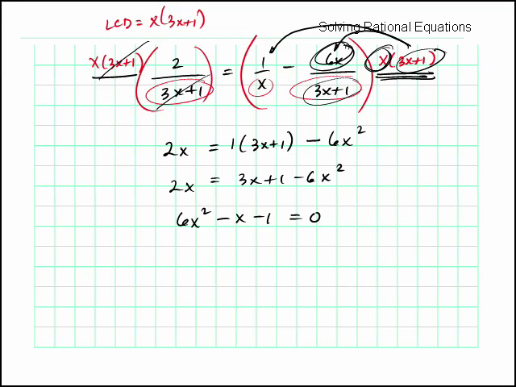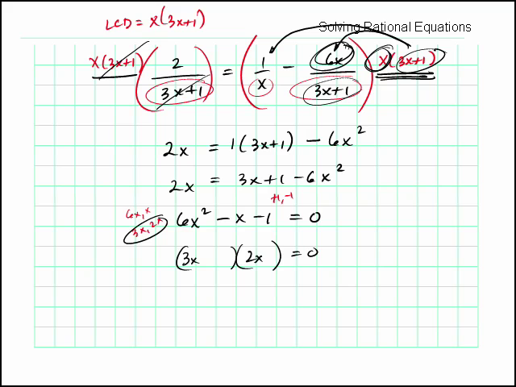Now we need to factor the trinomial here. Factors of -1, plus 1, and minus 1. Only one option. 6x squared, that could be 6x times x, or it could be 3x times 2x. So using my trial and error method, I'm going to try the 3x and the 2x.